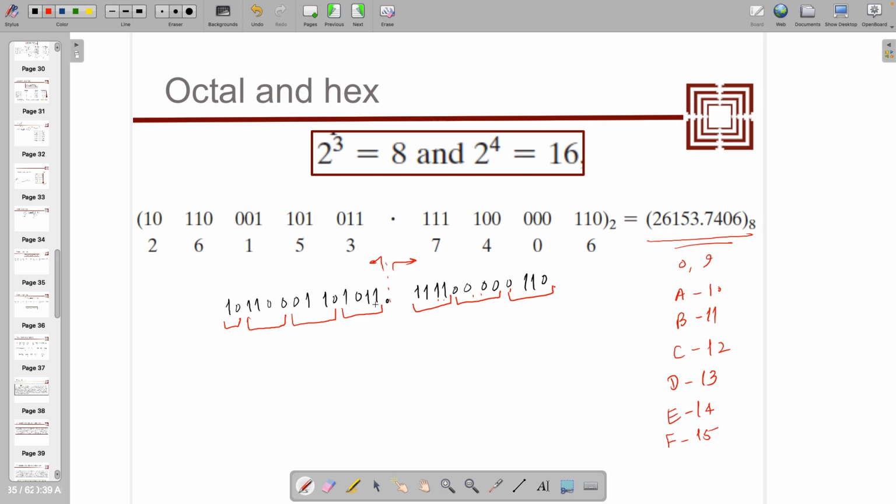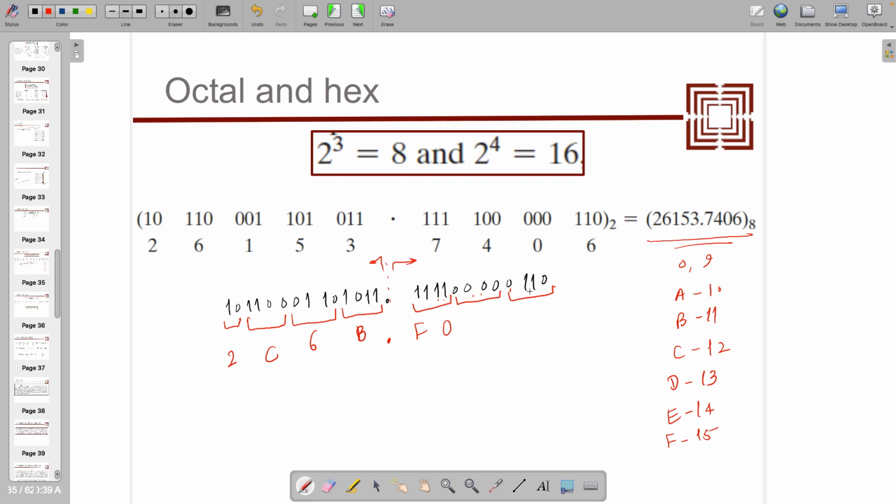So 3 plus 8 makes 11, and 11 is B. So you keep the B here. For 0110, that makes 2 plus 4, 6. In this case, it makes 8 plus 4, 12, so that's C. Then 10 makes 2. And with all 1s, it's F.